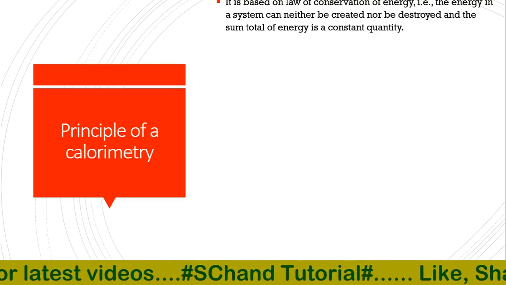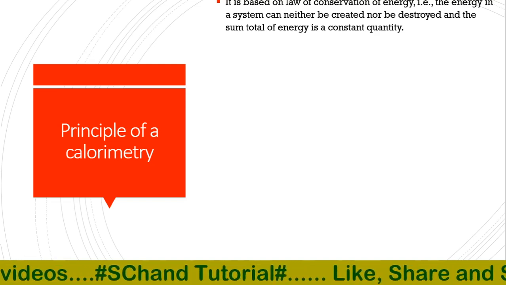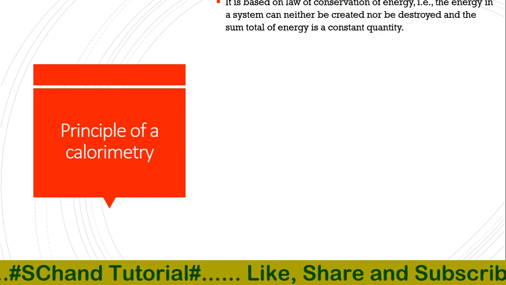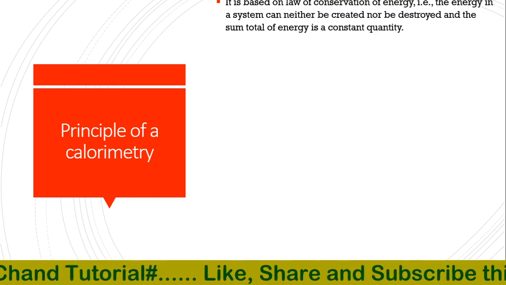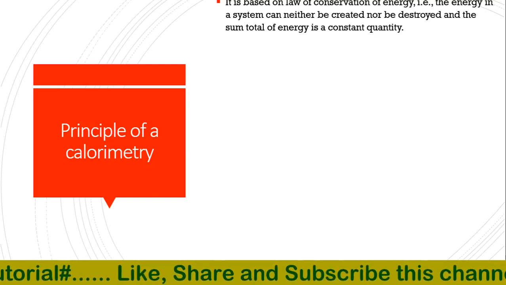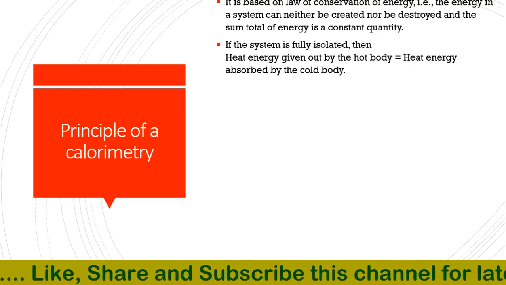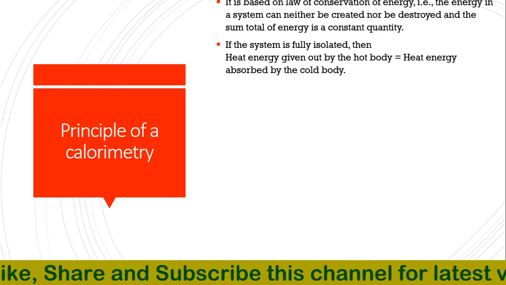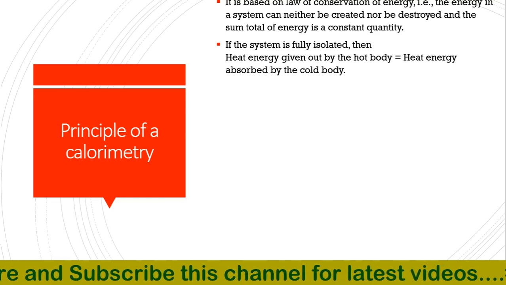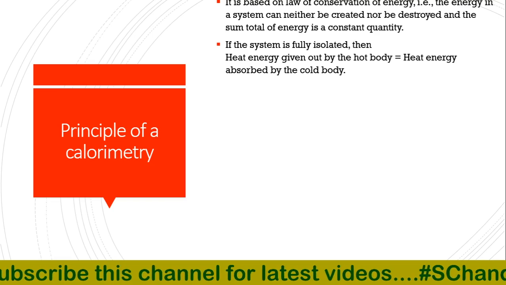So when a hot body is brought in contact with a cold body, the heat energy flows from the hot body to the cold body until they attain the same temperature. According to this principle, if no heat is lost to the surroundings, or if the system is fully insulated, then the heat energy given out by the hot body is equal to the heat energy absorbed by the cold body.